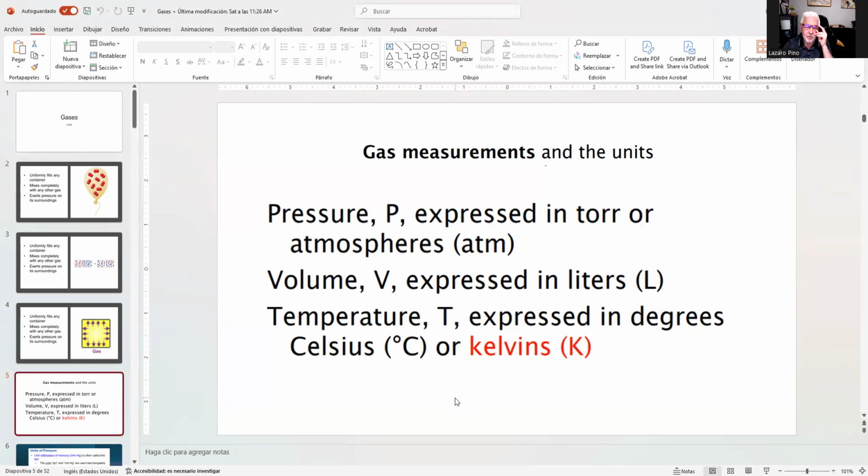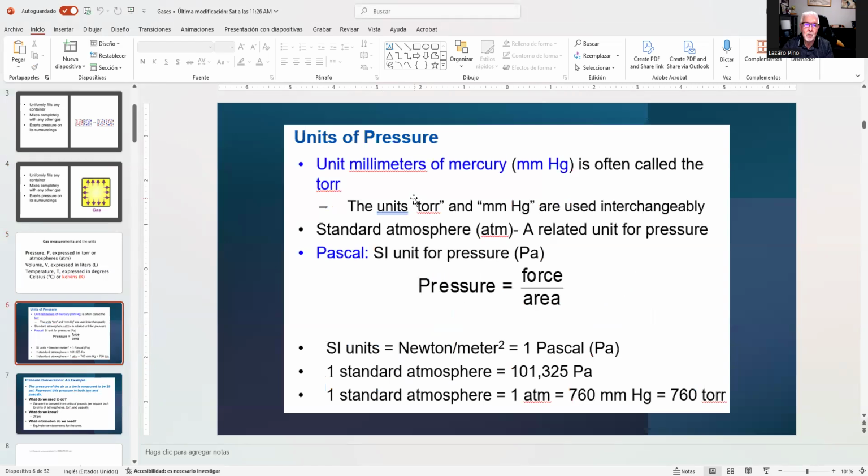I'm going to show you. Well, let's begin with the units of pressure. The unit millimeters of mercury is often called torr. Then when I speak about torr, it is the same as when I say millimeter of mercury.